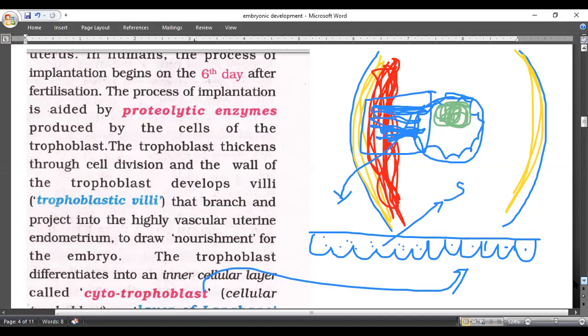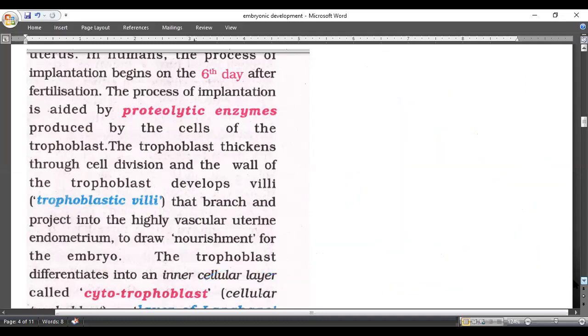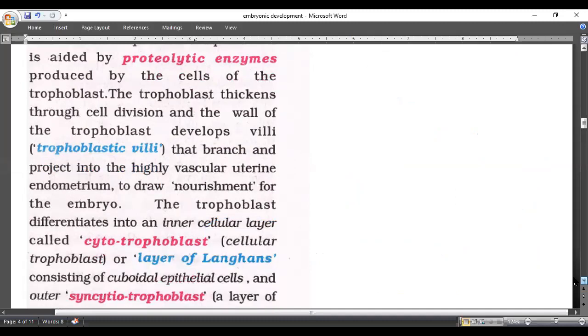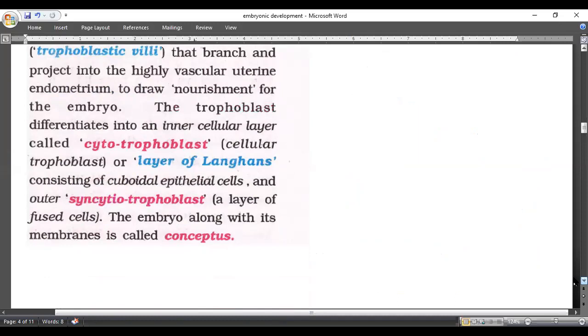So, the cytotrophoblast inside and the syncytiotrophoblast outside. Okay. Let me show you the diagram.